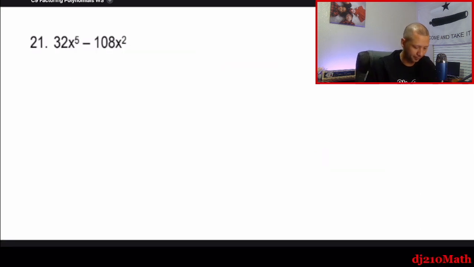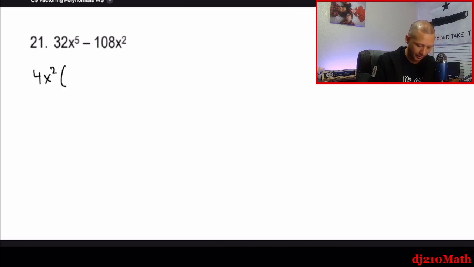All right, 21. Binomial. So GCF first. 4? Yeah, 4. About 8? No, 8 doesn't go into 108. So we're going to take out 4. So this is going to be 4, and we're going to take out x squared.